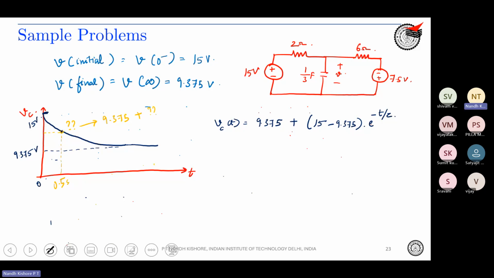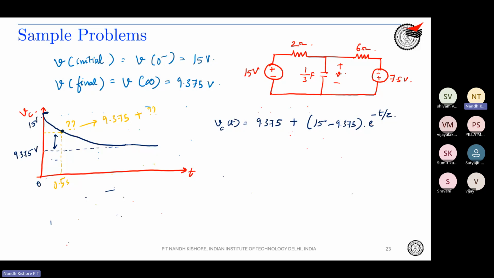This point can be written as 9.375 plus there is some component. We just need to find out this particular component. My voltage is falling from 15 to 9.375, so it is 15 minus 9.375 into e power minus t by tau.